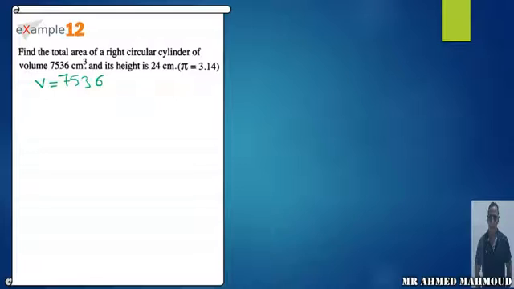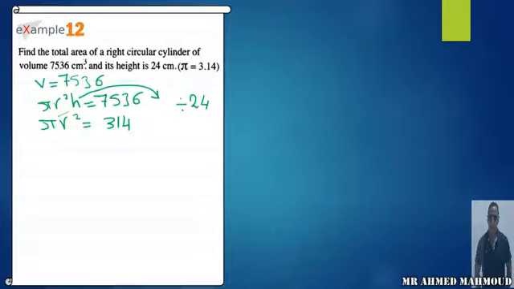I will replace the volume with pi r squared h, which equals 7,536, and then I will send the height, which is 24, to the other side, divided by 24. Then pi r squared equals 314.